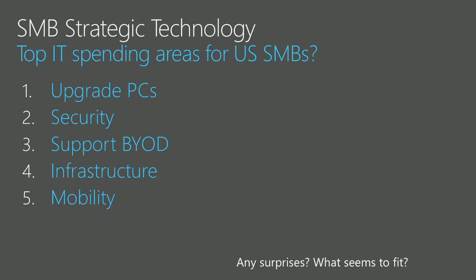On the first one, upgrade PCs, I do think this applies to hardware. I think there was a lull in the past few years after the recession, and there wasn't a lot of refresh going on. There's a lot of aging PCs out there, and still a lot of XP in the install base. So I think hardware refresh is what they're referring to on number one.